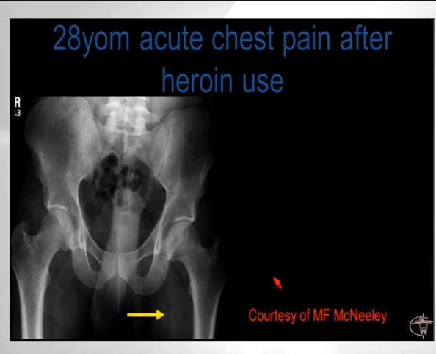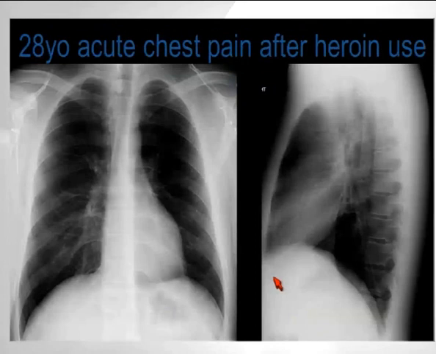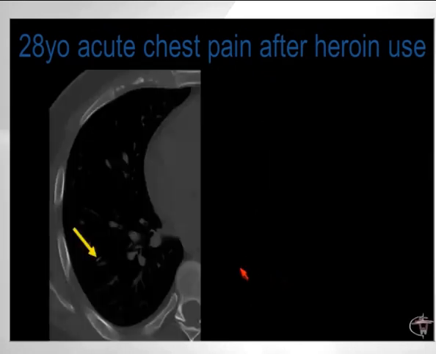Well, on the pelvic radiograph there's a needle there in his left hip where he injected, but it doesn't explain his chest pain. So he got a chest x-ray, and on the chest x-ray, sure enough, there's the needle embolized into his pulmonary arteries, visualized radiographically, and on CT, this time displayed in a bone window, we see the needle in the pulmonary parenchyma.